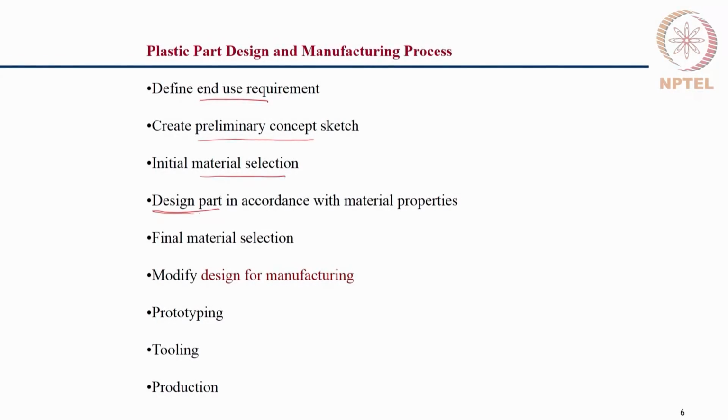So, this is an iterative process, because once the material is selected and a design is made, various functional testing, either in computer simulations or by using prototypes, and verification is done before the material as well as the design can be finalized.